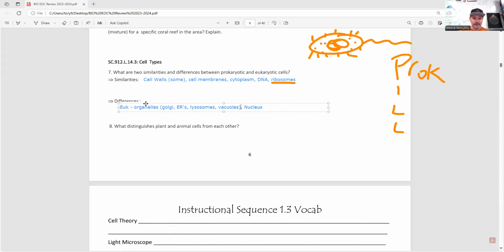With these differences, you should be able to get your points as far as the difference between prokaryotic and eukaryotic cells. Plant and animal cell, a little bit of a different situation. I'm going to try to draw some stuff here. So if we're talking about a plant cell, the first thing that we're going to notice is that plant cells tend to be somewhat rectangle-ish.